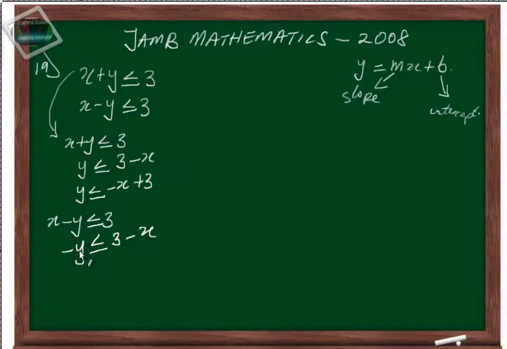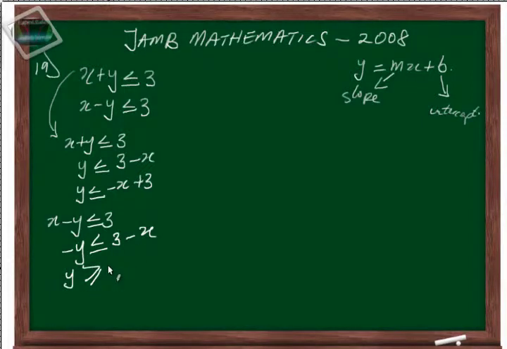And since we need y to be in a positive form, we have to multiply both sides by minus 1. So that will give us y. And when we multiply both sides by minus 1, the less than or equal to sign changes to greater than or equal to sign.